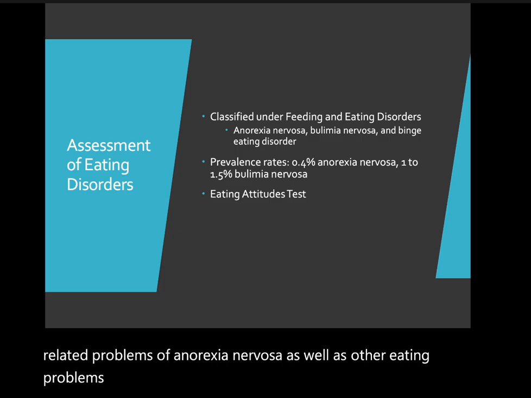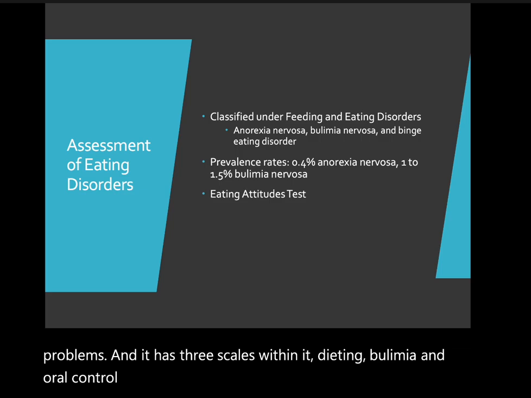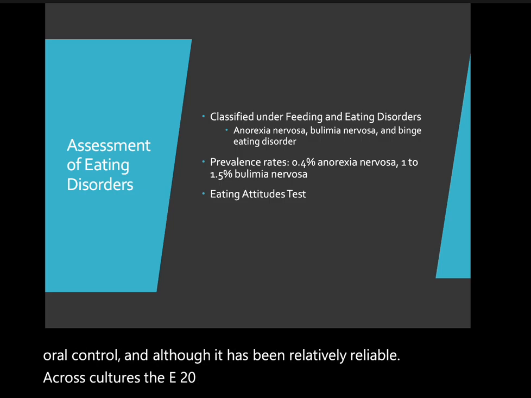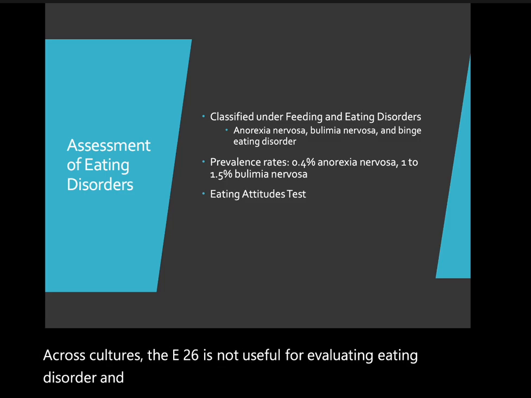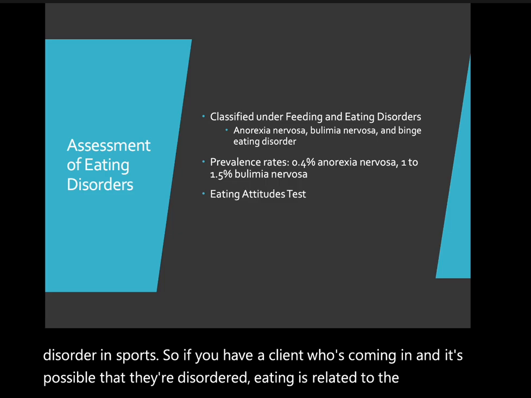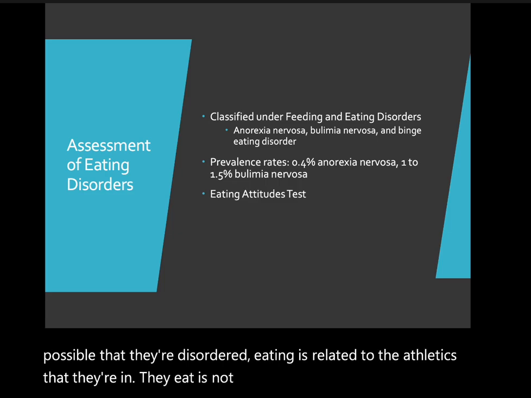And it has 3 scales within it: dieting, bulimia, and oral control. And although it has been relatively reliable across cultures, the EAT-26 is not useful for evaluating eating disorder in sports. So if you have a client who's coming in and it's possible that their disordered eating is related to the athletics that they're in, the EAT is not going to effectively capture this for them.